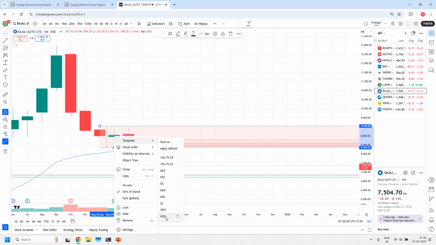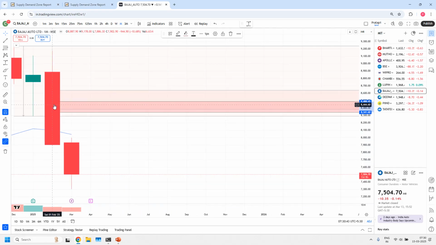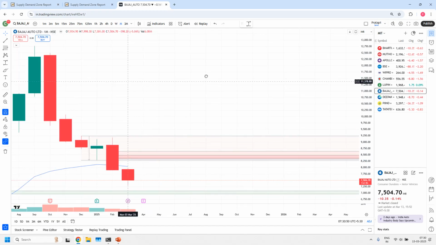Monthly supply zone. So thickness is reduced. Monthly is light color, weekly is a little brighter, and daily is having even more bright. See the overlap, daily zone is inside weekly zone. Both daily and weekly inside the monthly zone.